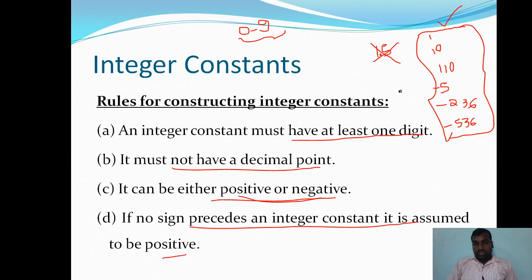Here, these three values are preceded with a minus sign, and these three values are not preceded with any sign like plus or minus. In that case, we treat these values as positive. If the sign is not present before the constant value, we say they are positive. If the sign is there like minus, we call them negative values.